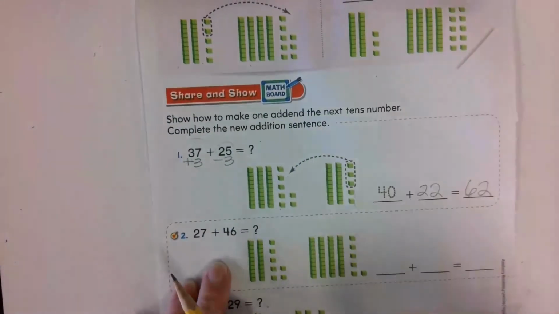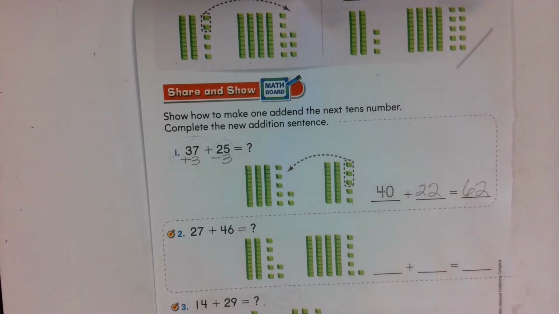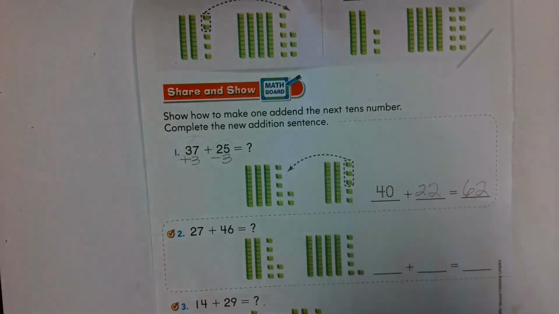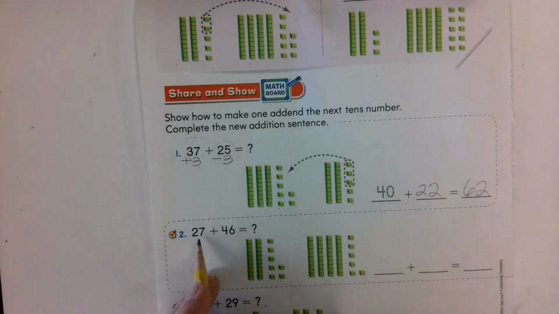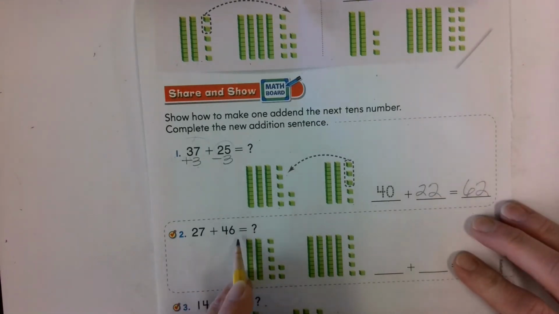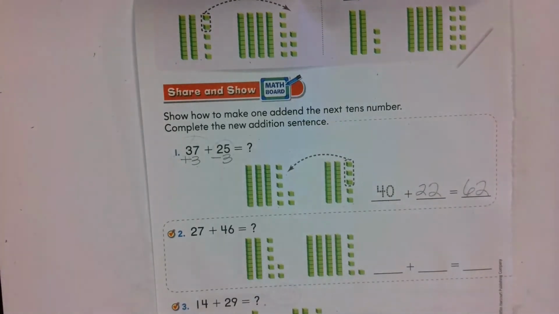Here we have 27 plus 46. Which addend is closest to the next tens number? 27. 27 is 3 away from 30. 46 is 4 away from 50.